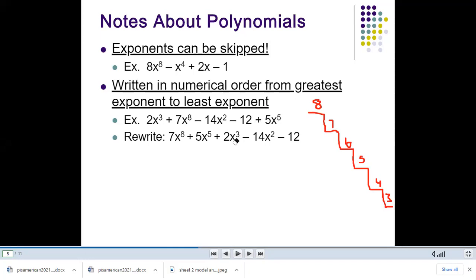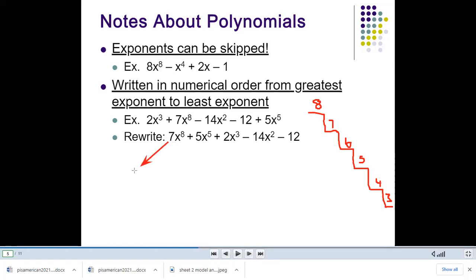Do you have any 2? Yes. So we drop it down with the same sign. We will not change anything. After that, x to the power of 1: we don't have it, but we have negative 12. So this is how we can rewrite the expression from greatest to least.